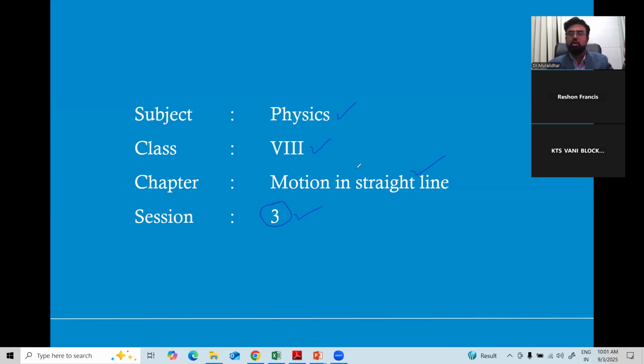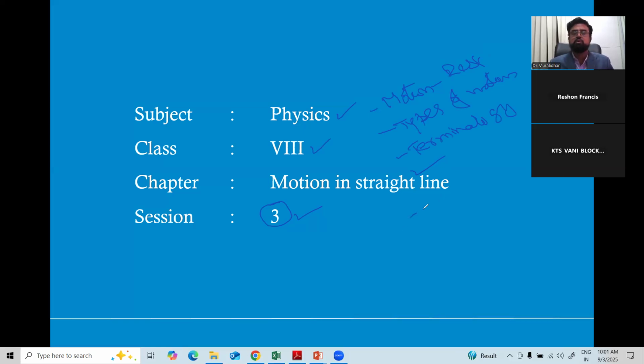Before going into today's session, let us recall what we learned so far in the chapter motion in straight line. We had an introduction about what is motion or what is rest, and defined them with some examples. We recalled the types of motions which you already learned in the 6th and 7th classes. Then we saw the terms related to motion. When a body is in motion, what kind of physical quantities will come across?